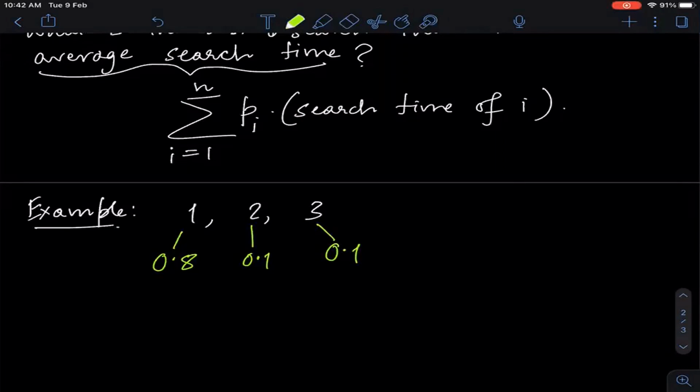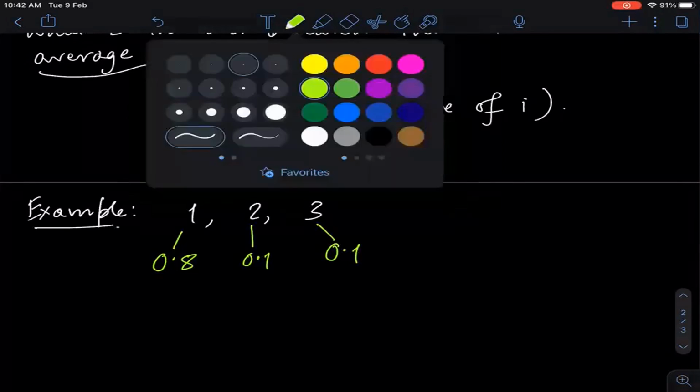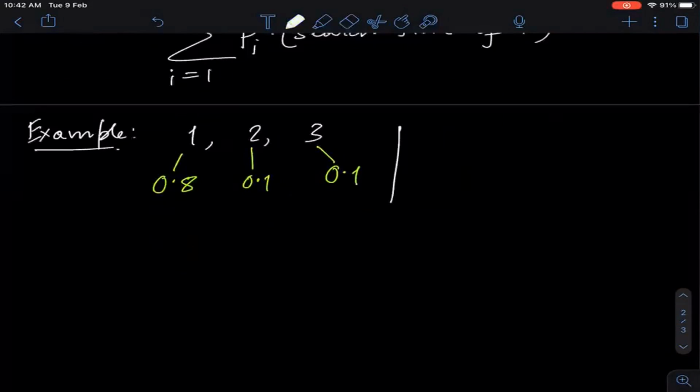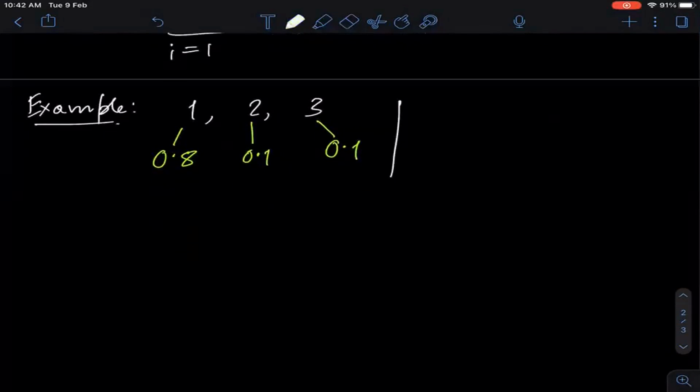That's the setting that we are working with. Now let's see what a balanced binary search tree will look like. Clearly it will look like the following: you have 2 at the root, you have 1 here, and you have 3 here.